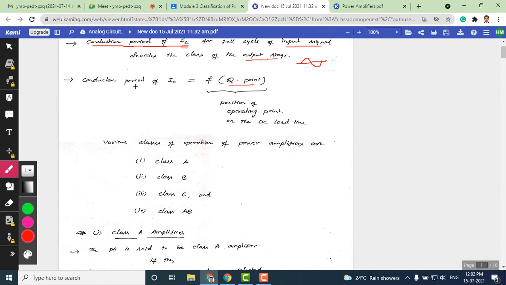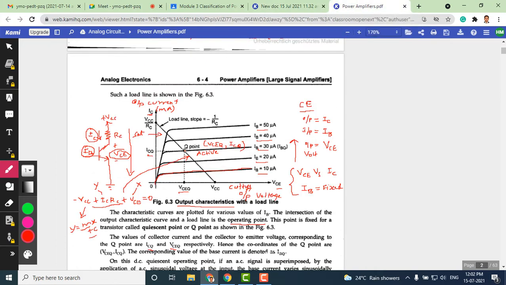The conduction period of the collector current, how long the collector current signal flows, depends on where exactly the Q point is located. Sometimes the collector current flows only for some duration of the input cycle. If the Q point is very close to the cutoff region, see, this Q point can be anywhere on this line.